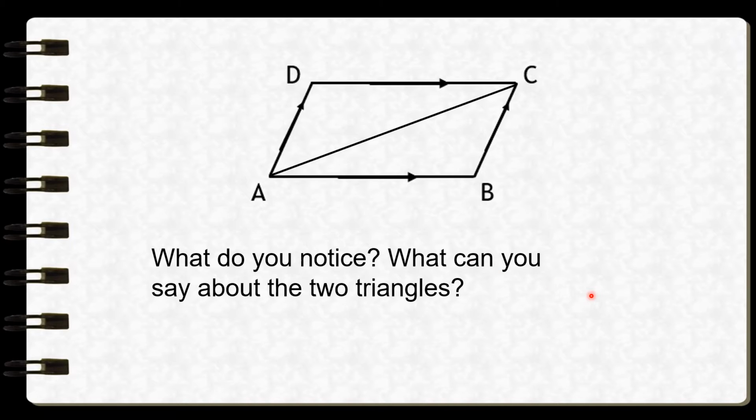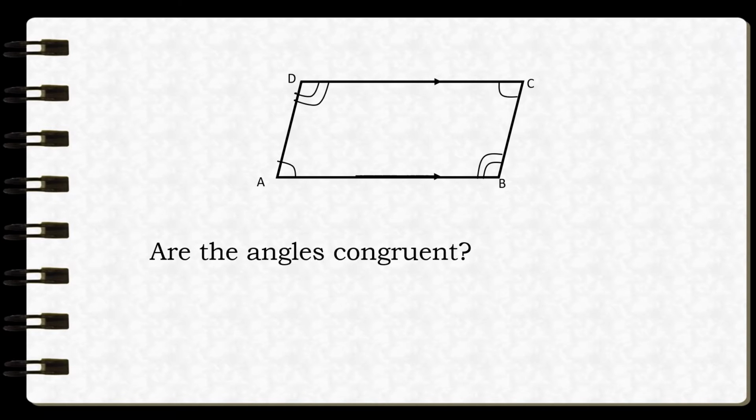What can you say about the two triangles? How about this one? Parallelogram ABCD. What can you say about angles A and C? How about angles B and D? Are the angles congruent?